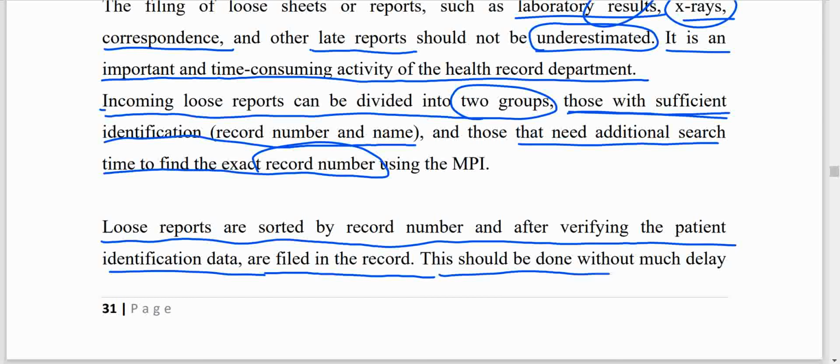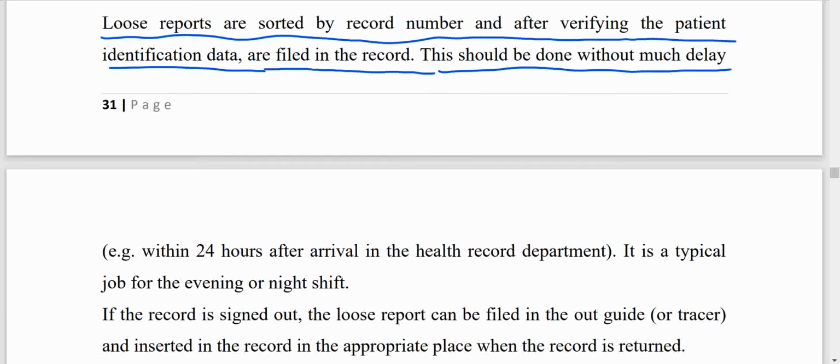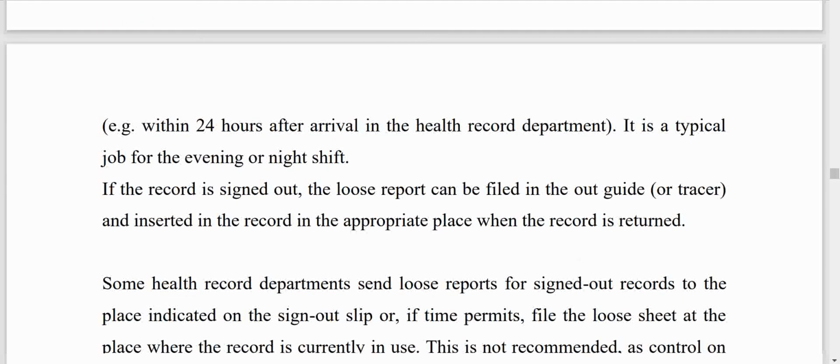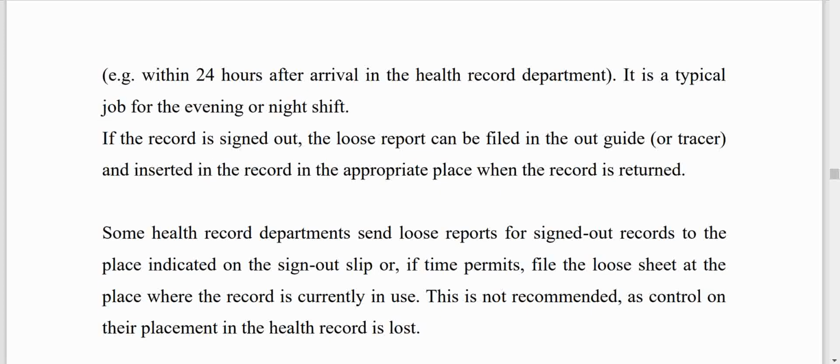This should be done without much delay within the department. If you receive a loose report, whether or not it has enough information to file, you still need to arrange it quickly, because they can easily get lost.